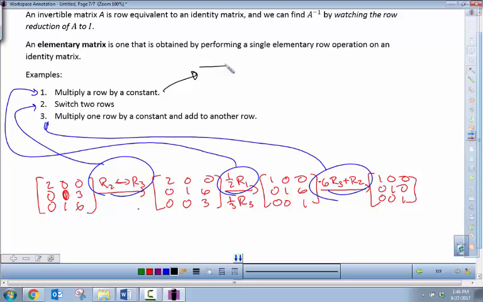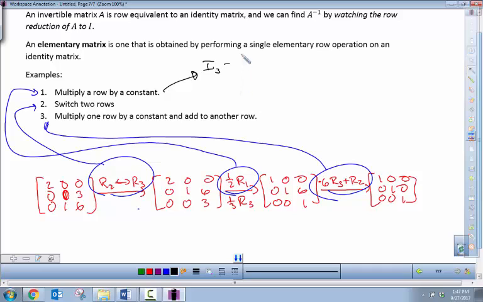I'm going to call this the identity matrix. We're still going to care about the order. I'm just going to do it as 1, 2, 3, and then I'll pick which matrix to multiply by.